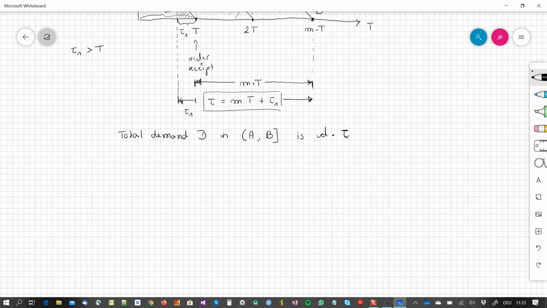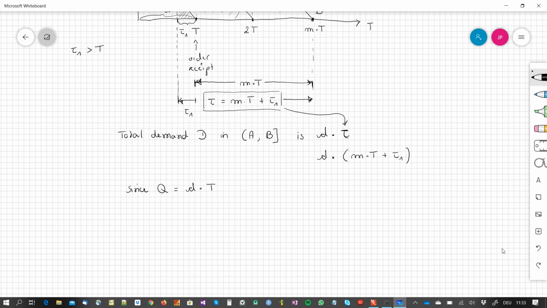So this we can rewrite then. If we put this into this, then D multiplied by MT plus tau 1 is the total demand.